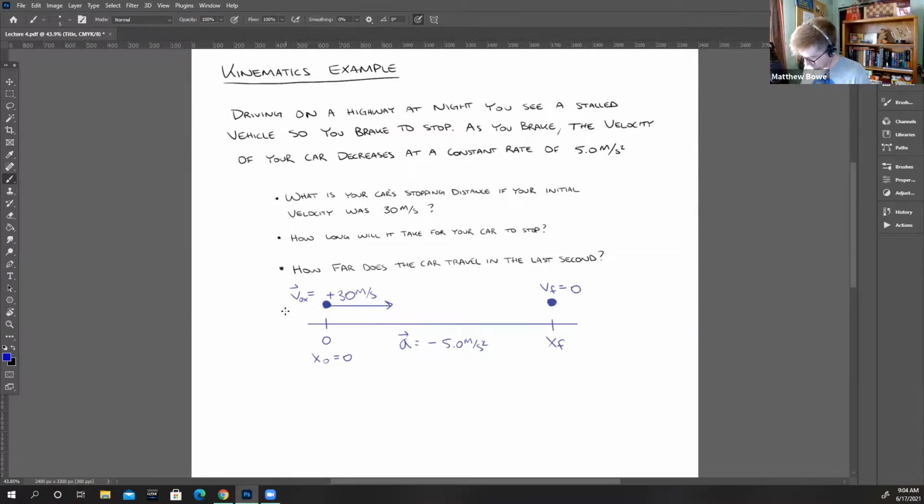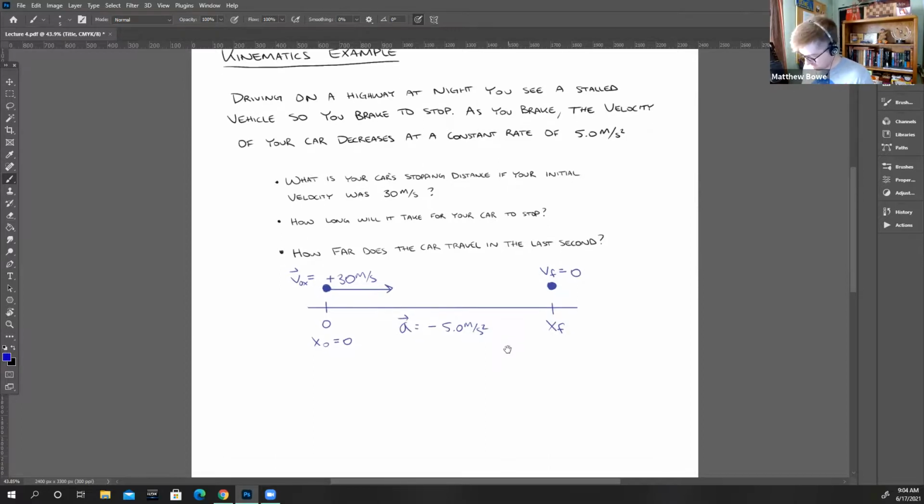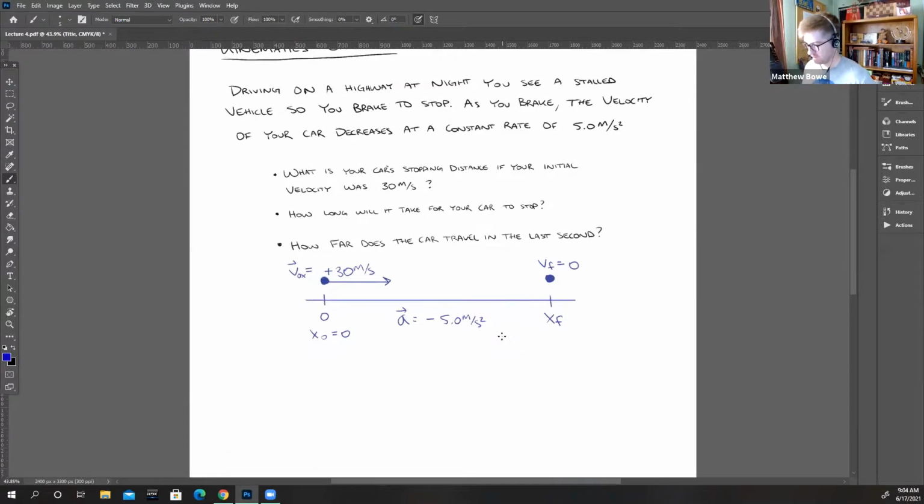Okay, let's find that first. Let's solve that first problem. What is the car's stopping distance? We need a kinematic equation that has distance, so we need to solve for distance.